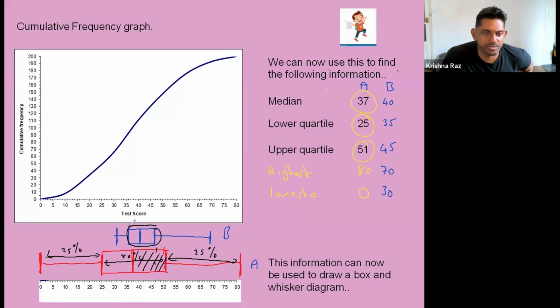So the bottom 25% in class B do a lot better than the bottom 25% in class A. So probably if you're a weaker student, you'd rather be in class B. So that is the purpose of a box plot, which is for comparison.